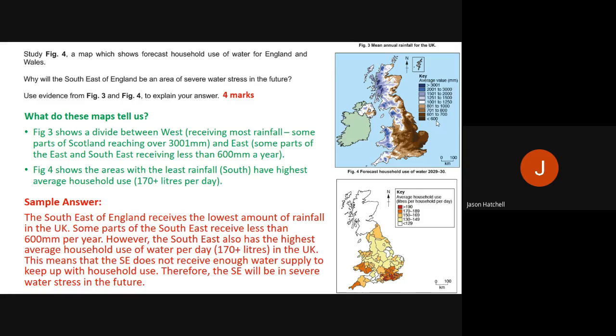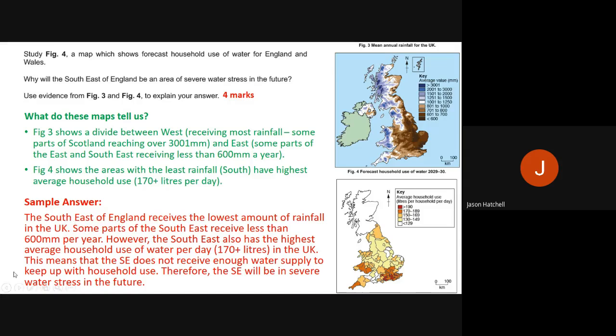However, the southeast also has the highest average household use of water per day. So the southeast uses the most water at 170 litres plus. So that's a contradiction. Basically what we're saying here is, even though it receives the least amount of rainfall, it uses the most water per year.